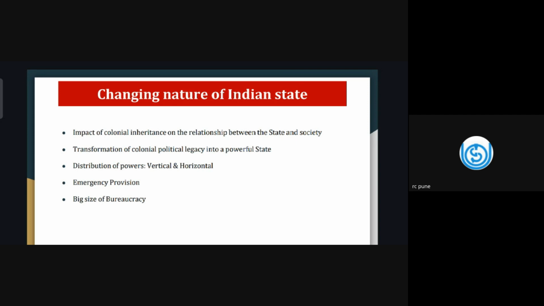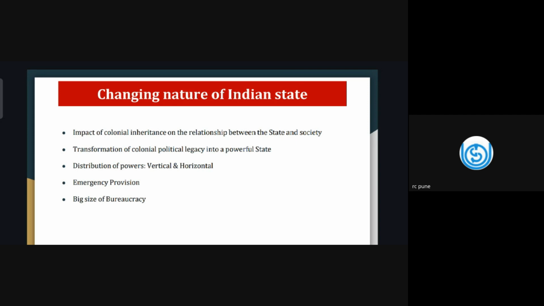Article 356, known as state emergency or president's rule, which is applicable only on a particular respective state. And third one is financial emergency, which is mentioned in the Article 360.